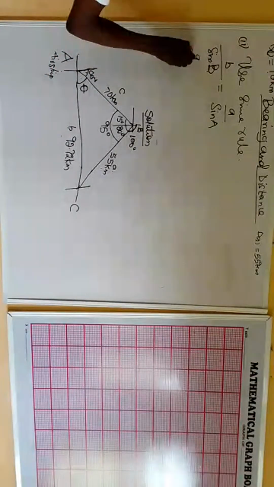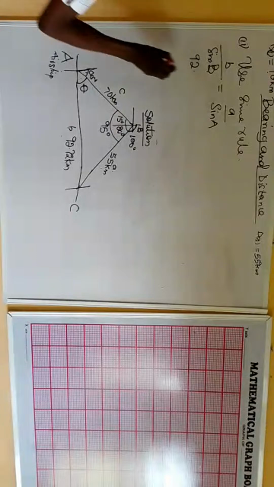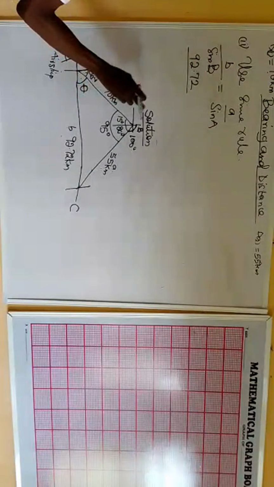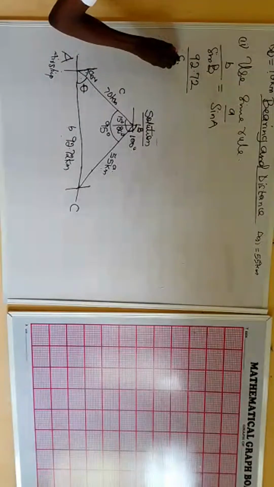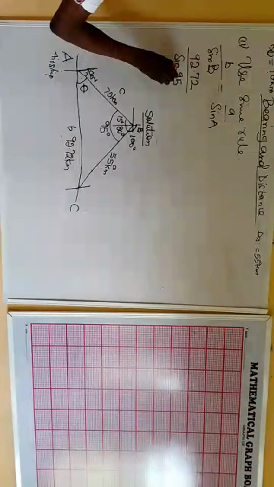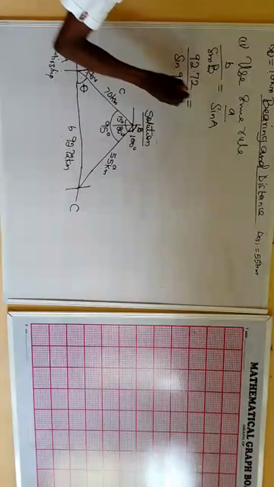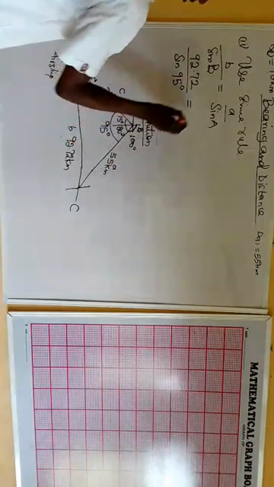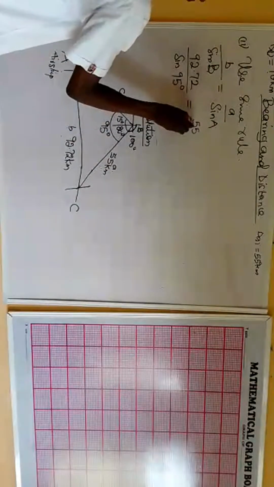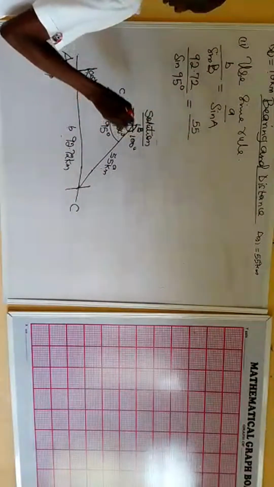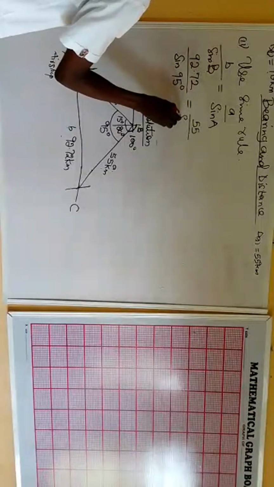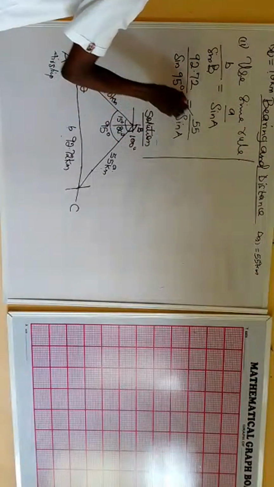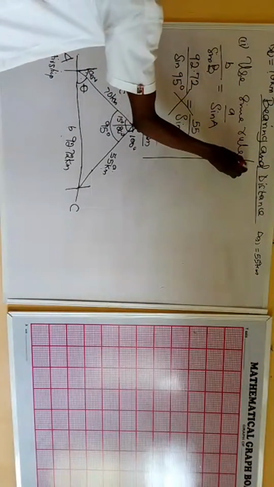92.72 over sine 95 degrees is equal to a. What is a there? It is 55 over sine A. That is what we are looking for. Okay, let's cross multiply.